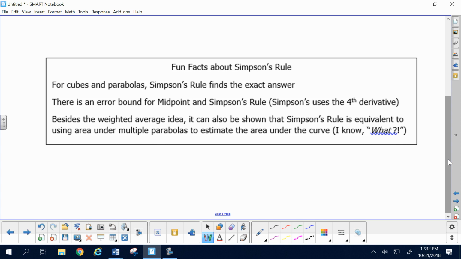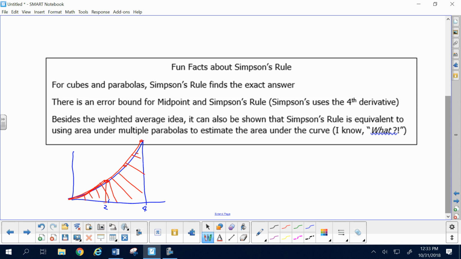But did you know that Simpson's rule is the same as if, in this subinterval here, instead of using a trapezoid or a rectangle to estimate the area, I did a parabola here and found the area under that parabola with basic calculus, and then I did a different parabola here, based on choosing 3 points, finding an equation of the parabola, and doing the area under that.